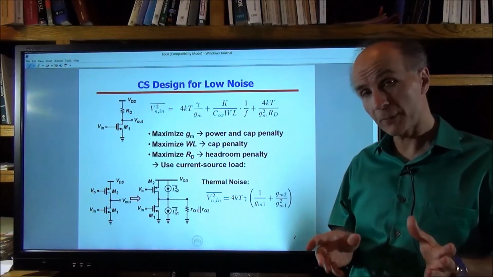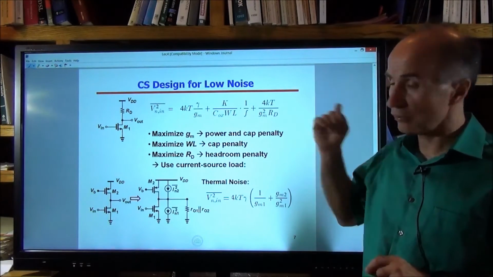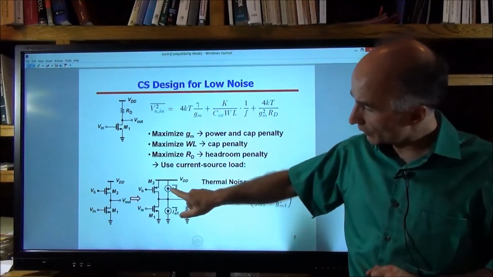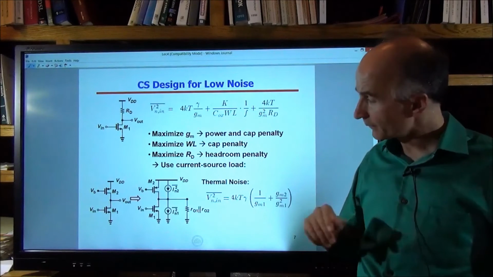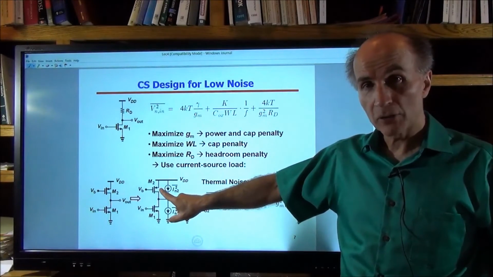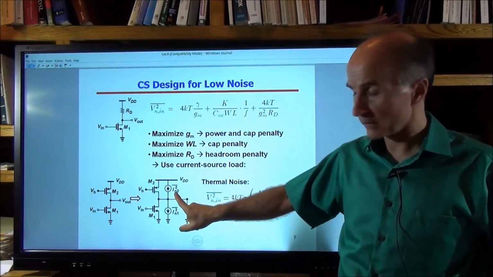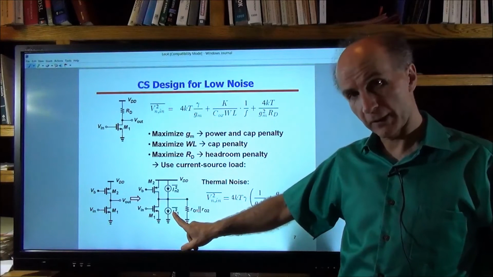So now what happens to the noise performance? Well, we don't have the noise of Rd as 4kT over Rd, but now we have the noise of M2. And if we just focus on thermal noise for now, the noise of M2 is 4kT gamma gm2, represented by this current source. And the noise of M1 is 4kT gamma gm1.